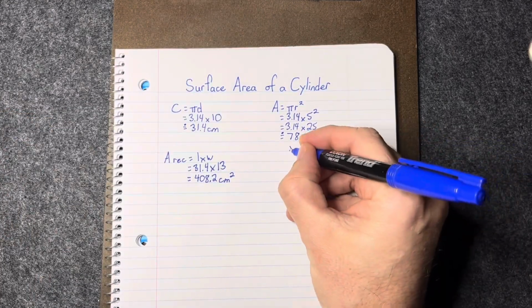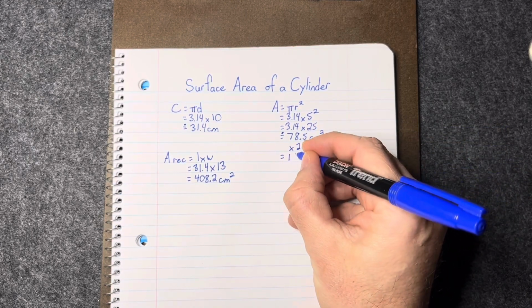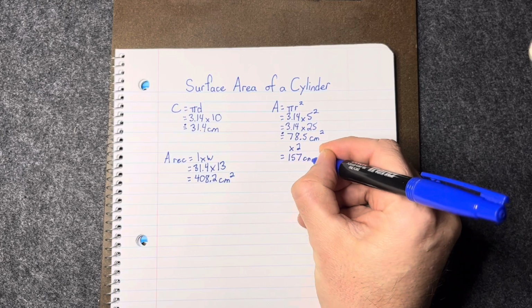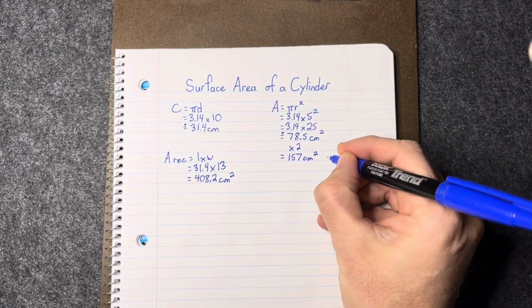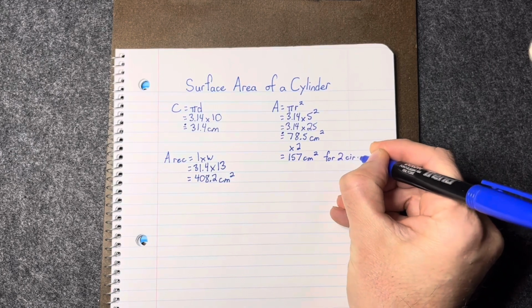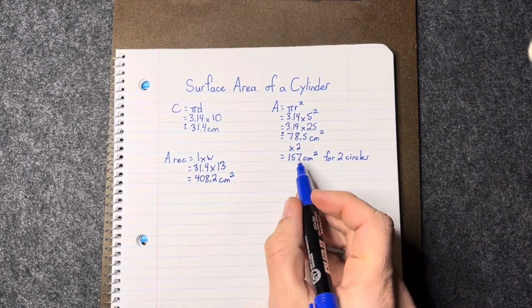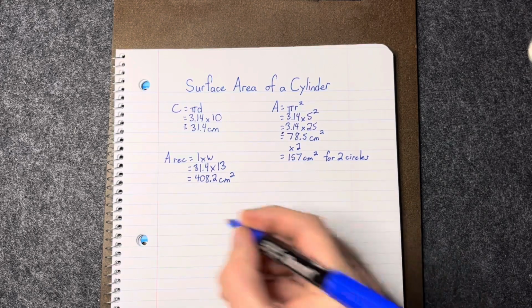So then we just multiply this by 2, and we get 157 centimeters squared. So this is for 2 circles. So now we have the 2 circles and we have the rectangle.